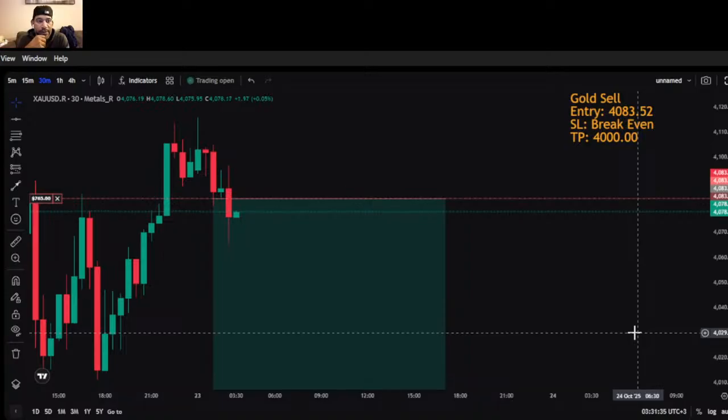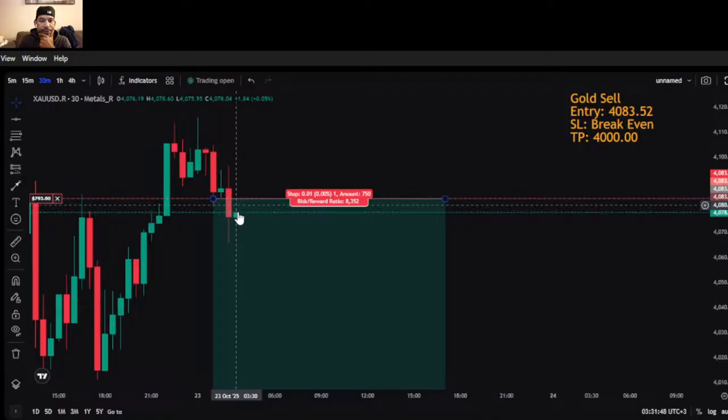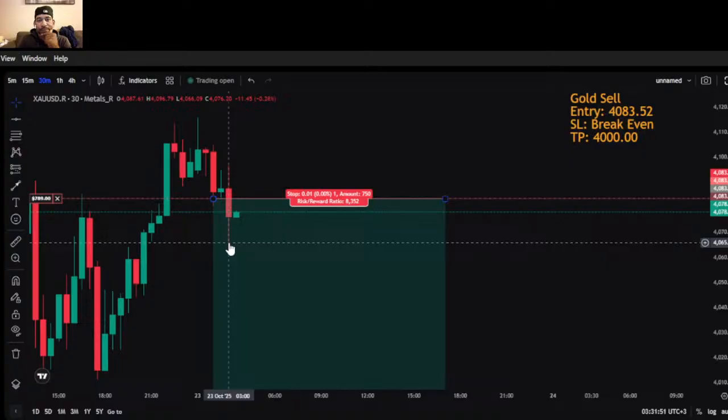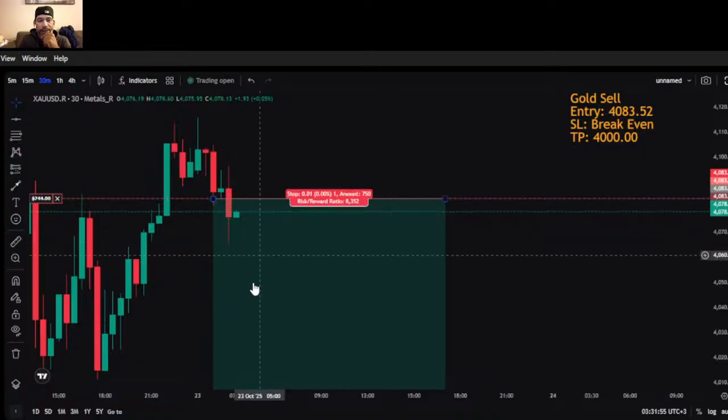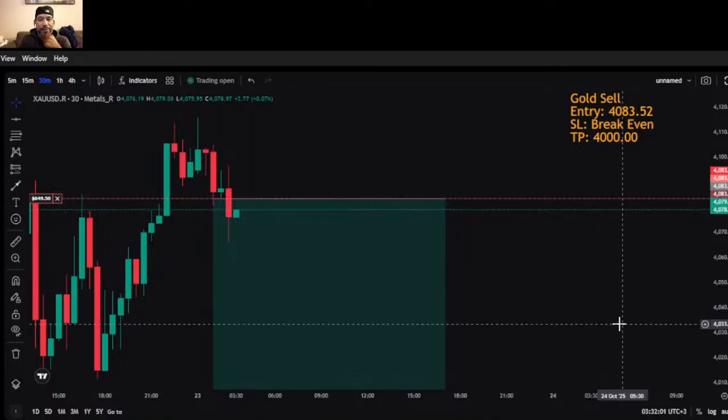Will we survive this? Let's see. If we start driving down once we break the previous 30 lows, I'll probably take another partial and hold another half of my trade down. It's pulling up here.